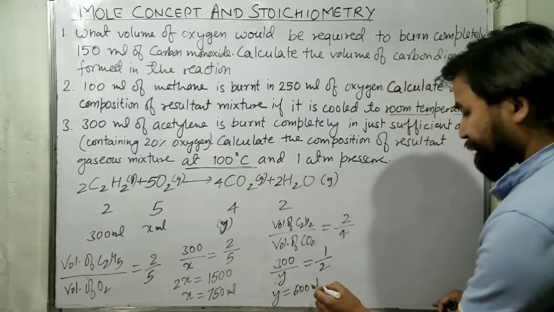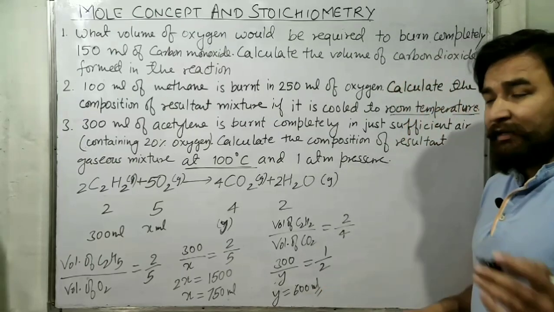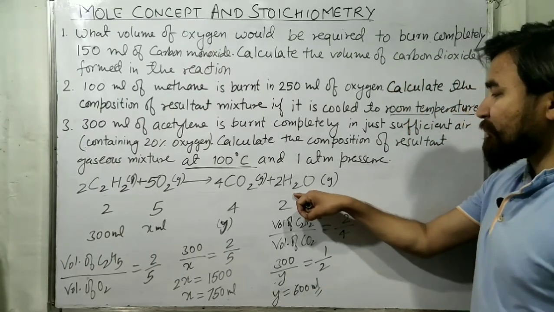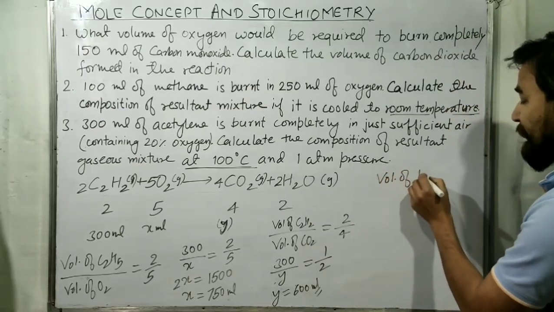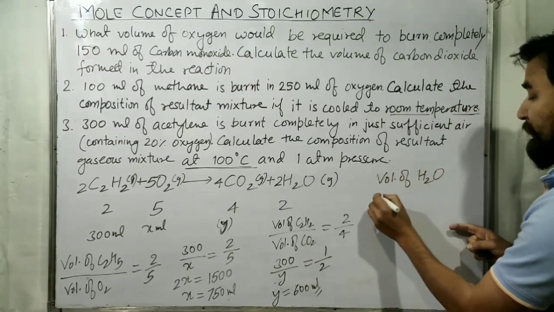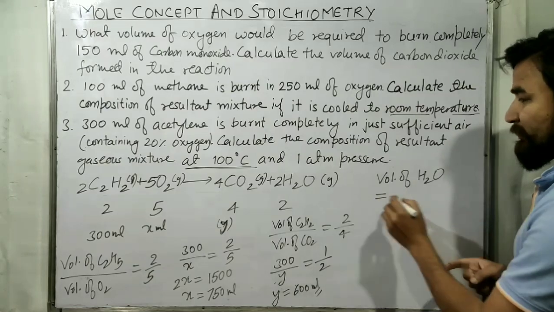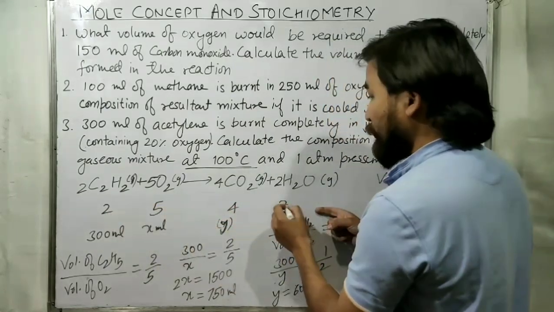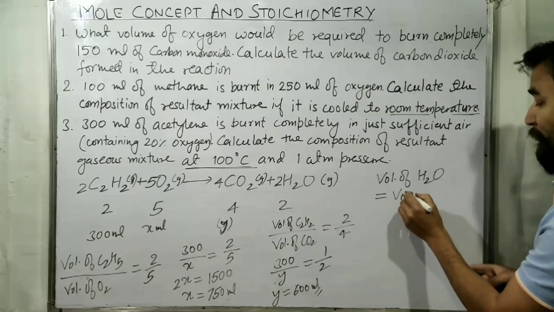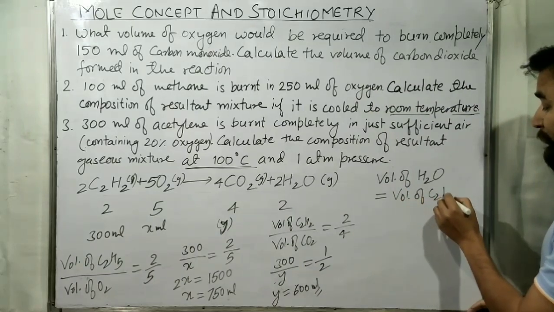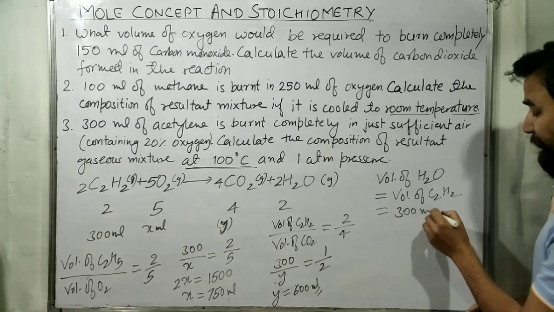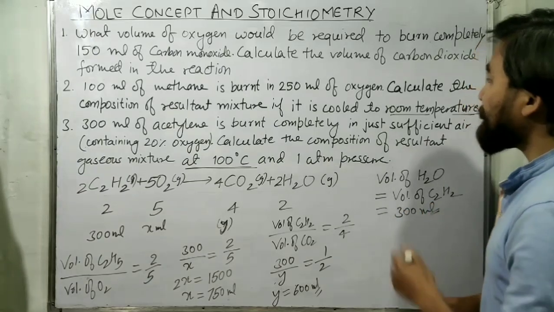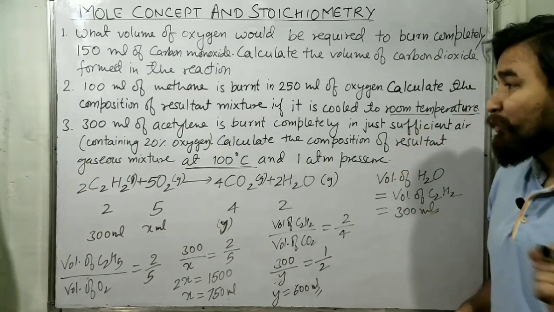Now, the third thing that we have to calculate is the volume of water vapor. So volume of H2O, that is water vapor, because the ratio is same, 2:2, will be equal to volume of C2H2, and that is equal to 300 ml. Now what is the problem? Actually we don't have pure oxygen here.